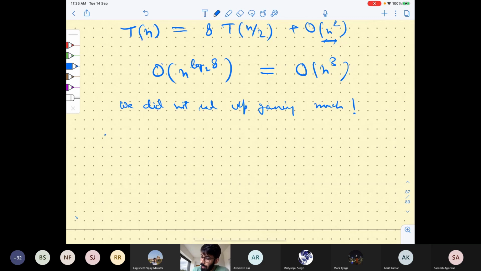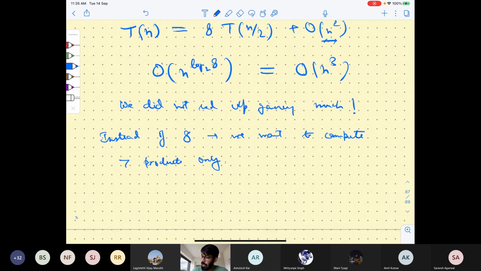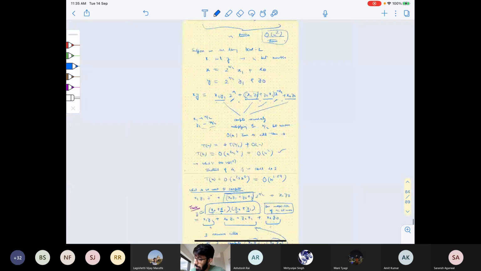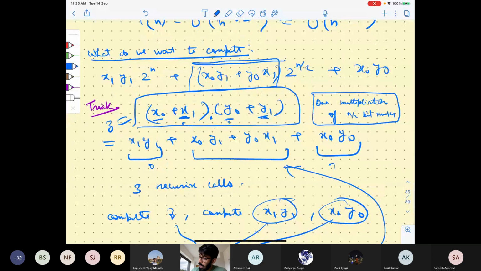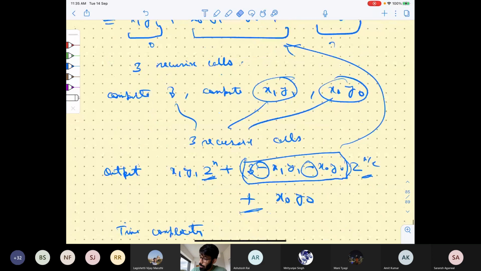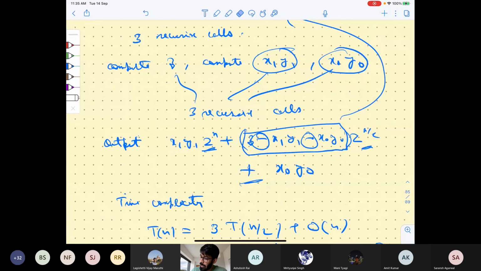So now instead of 8, we want to compute 7 products only. There's another thing, if you notice in the integer multiplication, that even though we are calculating less, the total number of additions increased.